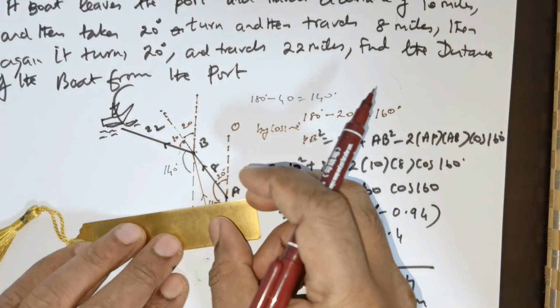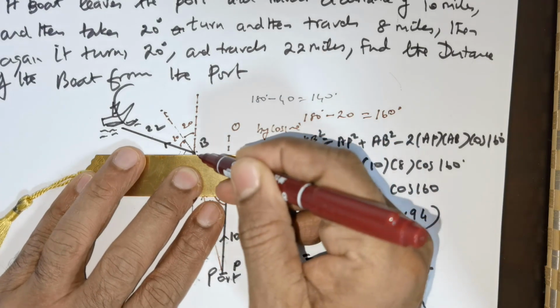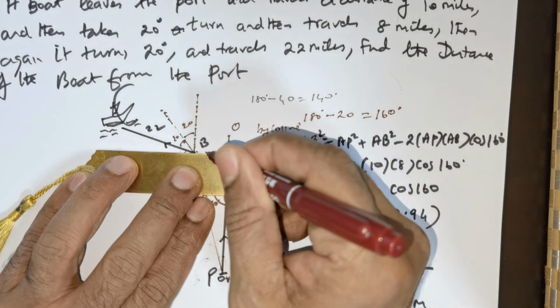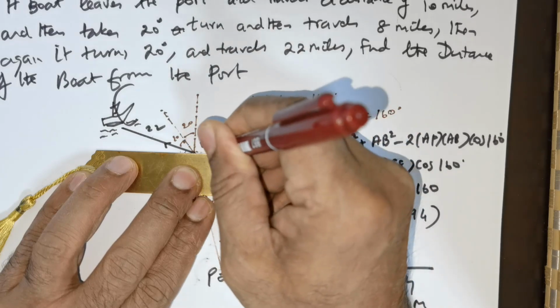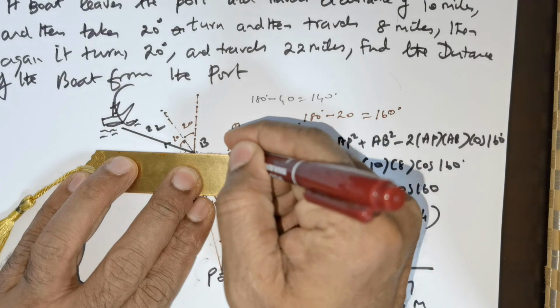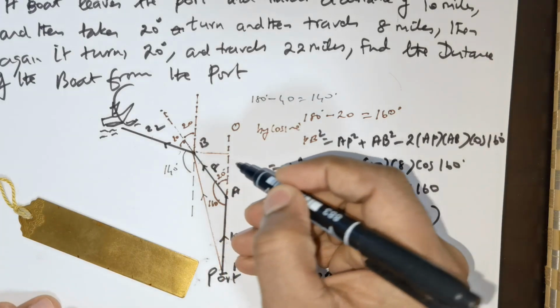Okay, so we need to get this angle. What I'm going to do is drop a perpendicular from B to O. Now there are many ways to get the angle, but I am just utilizing this technique. You drop a perpendicular, and clearly this is going to be 90 degrees, right?